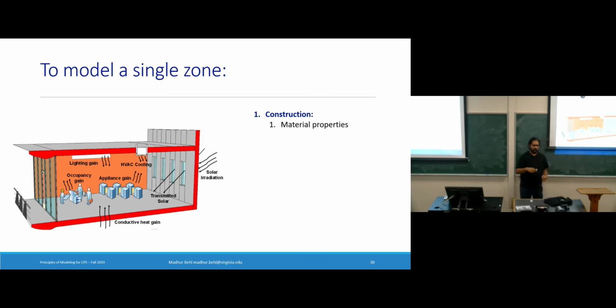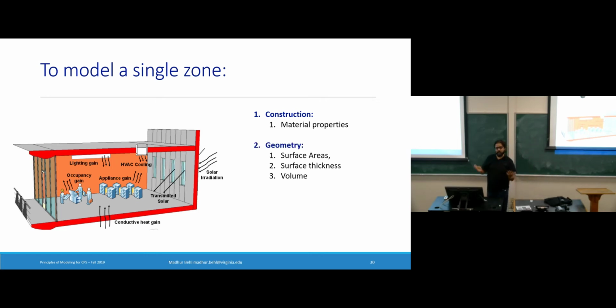I need to know the equivalent thermal resistance of a composite layer in every wall. Therefore, I need to know what material they are made up of. I need to know their geometry. All these coefficients, the resistances, are a function of the material property and the geometry. So I need to know many surface areas of walls, their thickness, the volume of the air inside the zone.